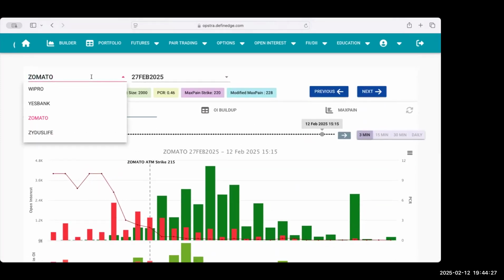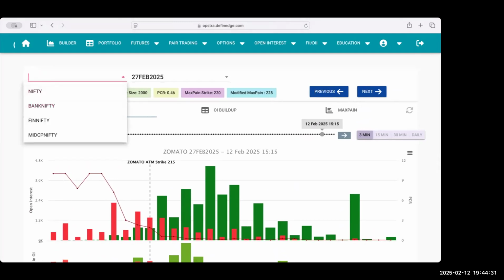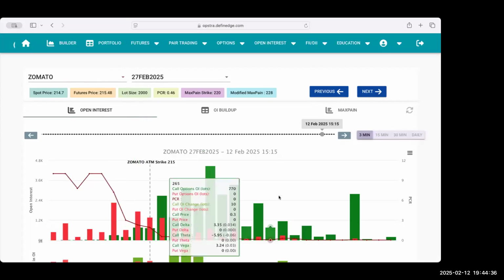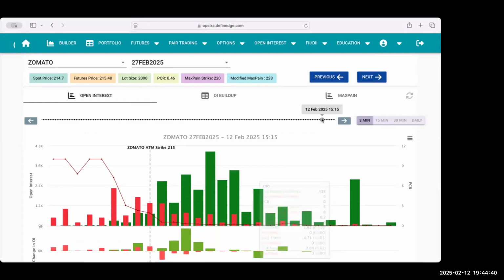Same Zomato, same 210 P. The low is your 3.65 and the high is 8 point something. What time? It is the initial period only. The chart is supporting. What chart are you showing, right?